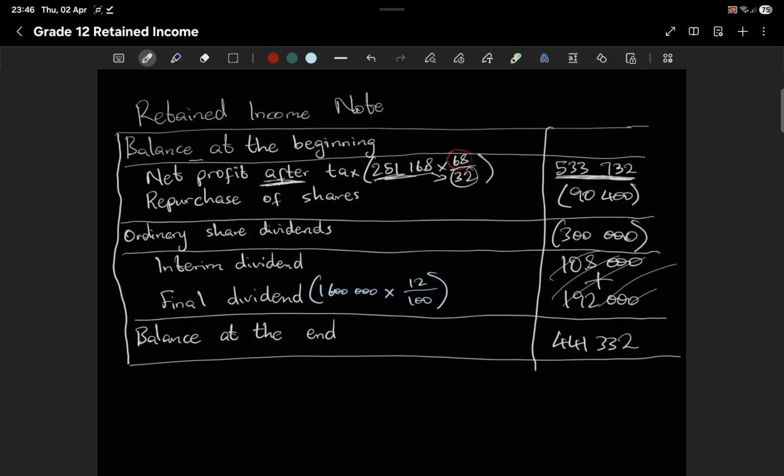You take the balance at the end, you add the ones in brackets, the dividends and the repurchase of shares, then minus the ones without brackets, the net profit after tax. Then it must give you the same answer that we were given on the question paper.